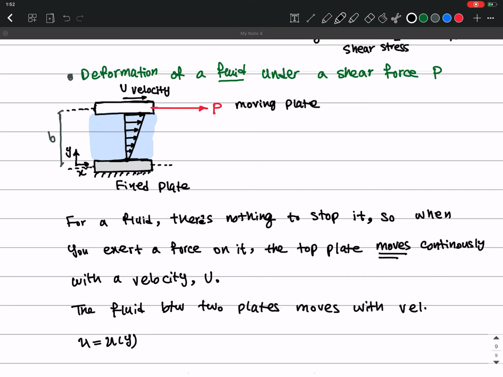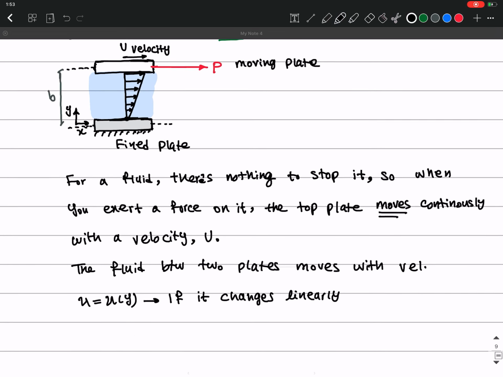As you see here, it's going to be 0 at the fixed plate, and it's going to be equal to U at the top plate. If it changes linearly for this particular condition, we can write the velocity of the fluid as this.